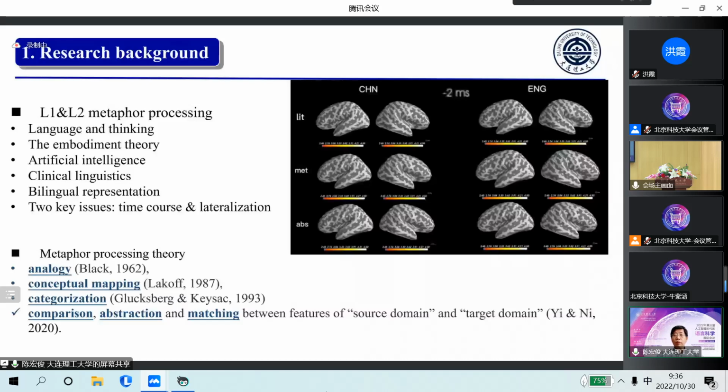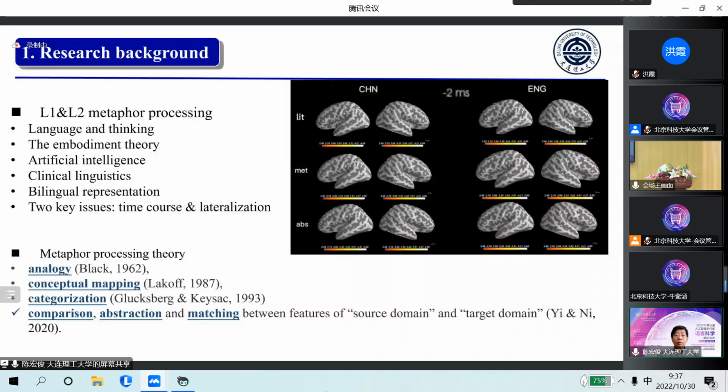One is the time course of metaphor processing, according to the SPM, the standard pragmatic model by Grice and Searle.